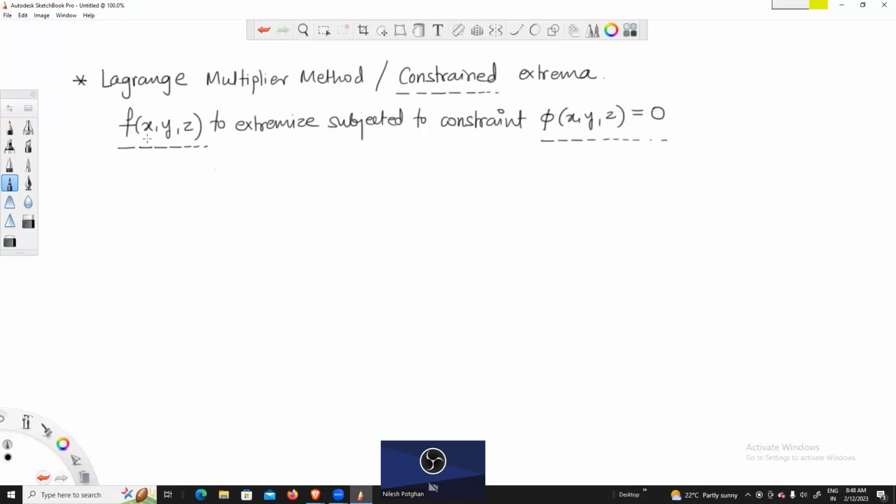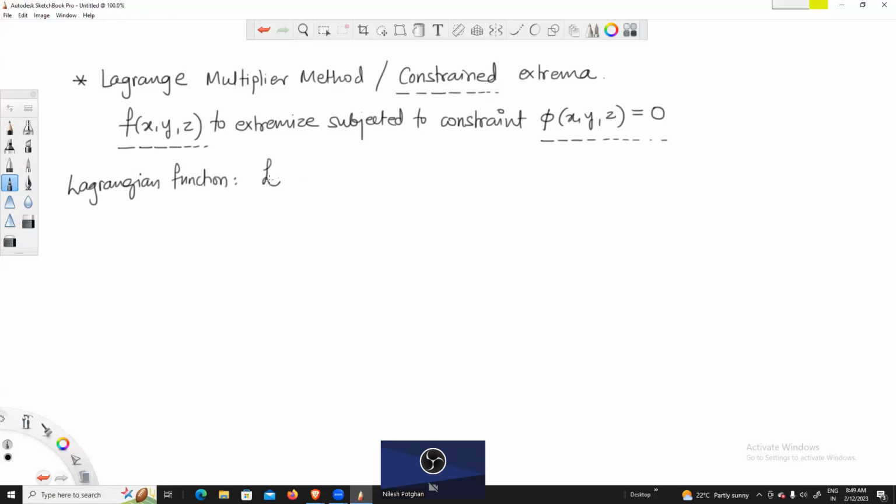Okay, so when you have a function to extremize subjected to constraint phi of x comma y comma z equal to 0, then you can define a Lagrangian function.